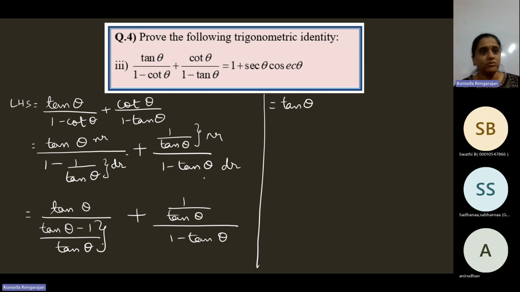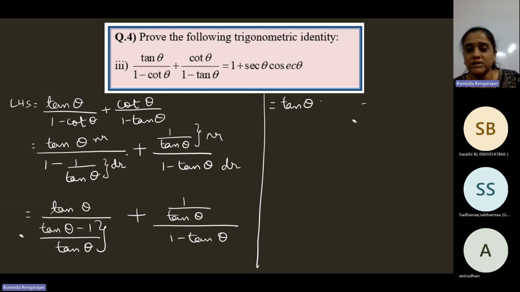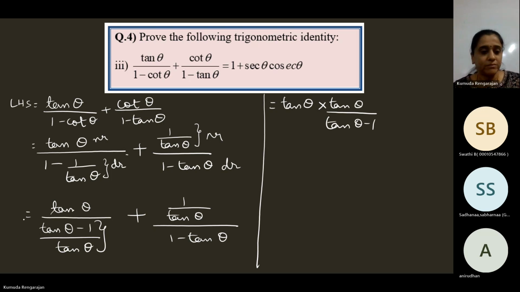So it will be divided by, this is the denominator, tan theta minus 1 by tan theta. This is the denominator, right? So in the next step, it will become tan theta by tan theta minus 1. Because this is numerator, this one is denominator, so it will be divided by this one.